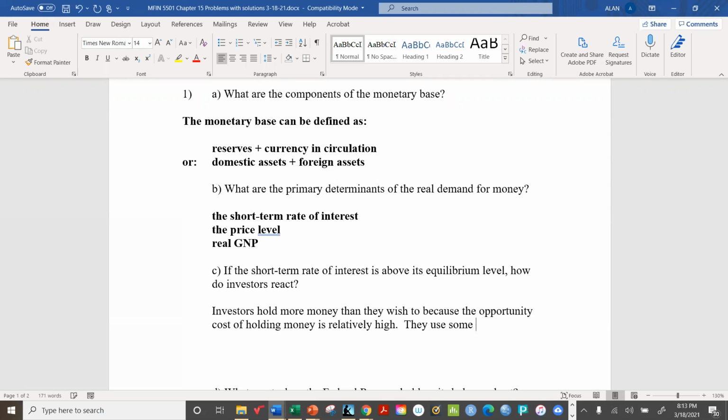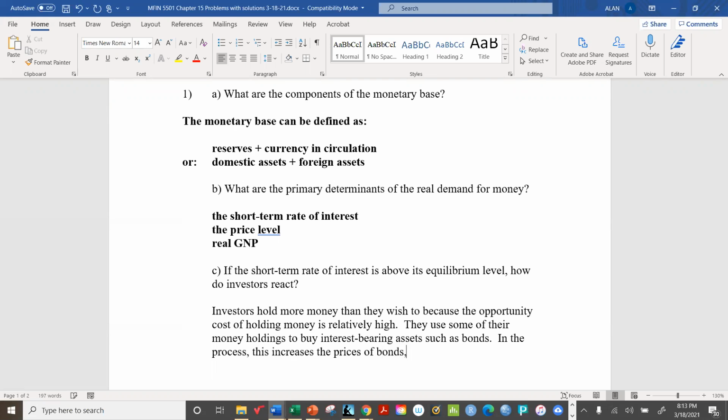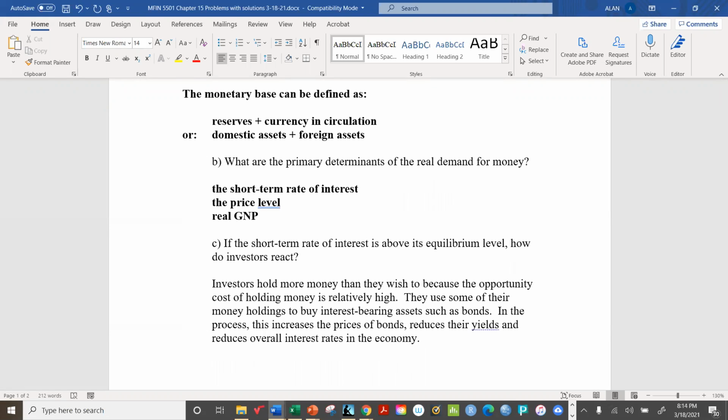They use some of their money holdings to buy interest-bearing securities or assets such as bonds. Now, in the process, this increases the prices of bonds, reduces their yields, and reduces overall interest rates in the economy. In other words, if it's too high, it will take care of itself.